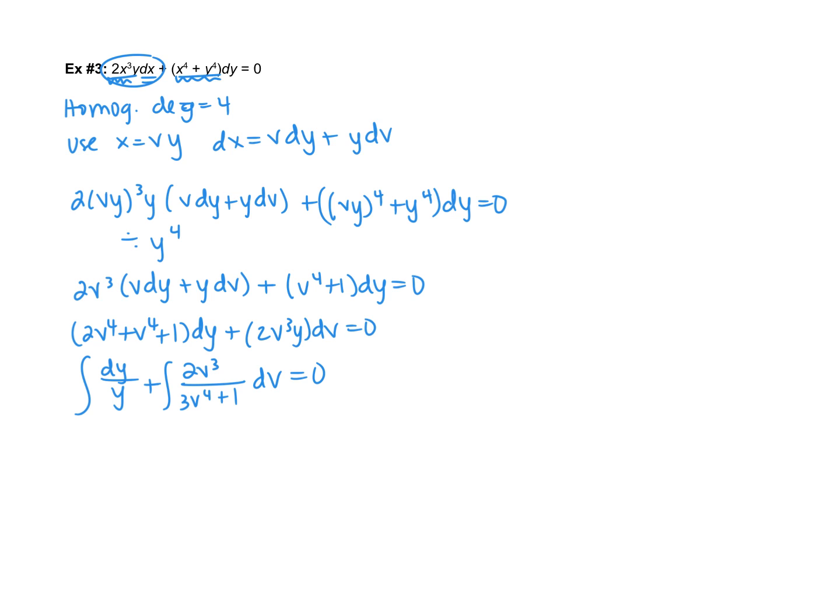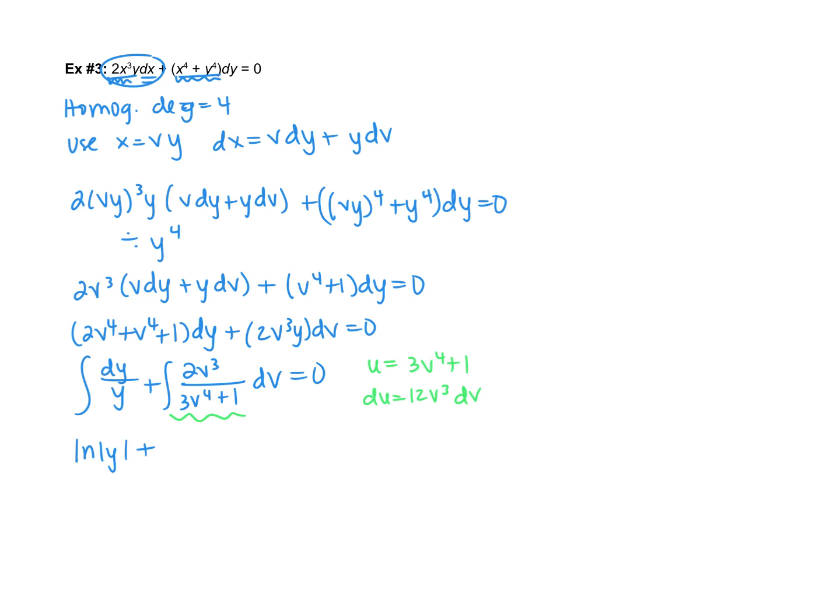So we're going to integrate. So we get natural log of y, plus. Okay, you might be able to do this integration in your head, or it might be helpful to write a little work off to the side. If our u is 3v⁴ + 1, our du then would be 12v³ dv.